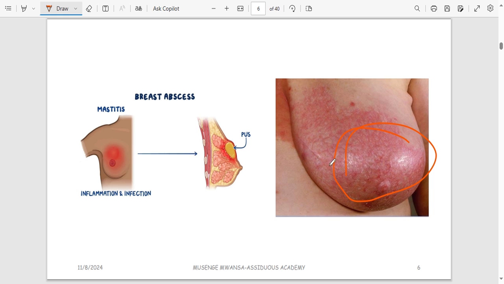It is erythematous. But for the one caused by staph, you can see you have got an abscess. It's just localized. So this is the inflammation that can be caused by bacteria, one caused by staph, one caused by strep. Is there any contribution or question here before we go on?